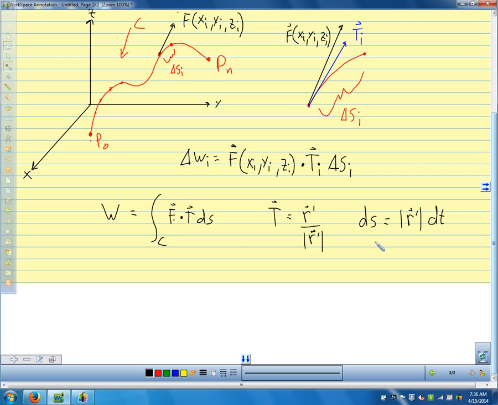So I can simplify this integral and say that our work is the line integral over our curve of F dot r prime dt. And you'll also see this written as the line integral over C of F dot dr, where dr is r prime dt. So this expression would give us the work done by this force in moving the particle from P0 to Pn along this curve.